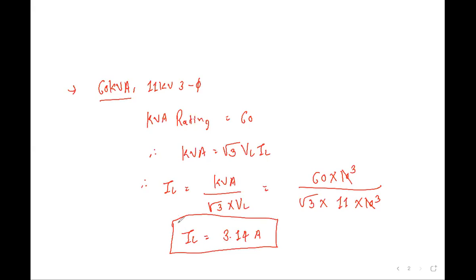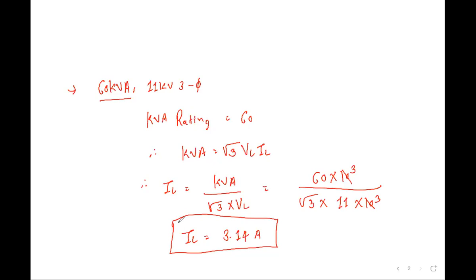Simply, we have to convert kVA into VA, and the kilovolt into volts, so the units remain the same. Otherwise, if you take the value of kVA and divide by voltage, it will give the wrong answer. The units must be the same.